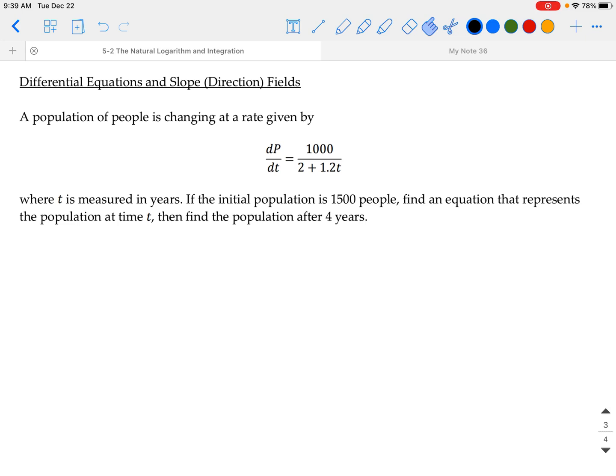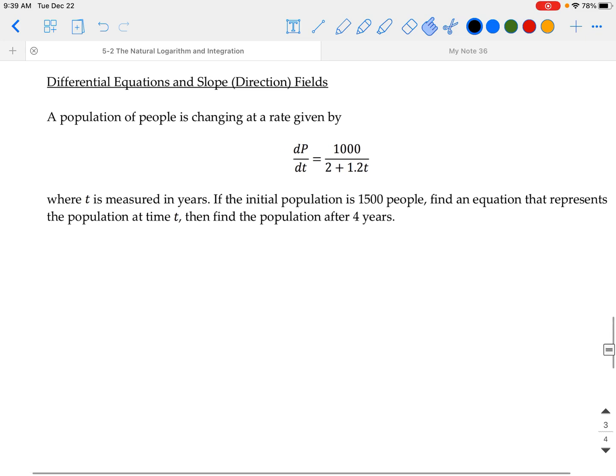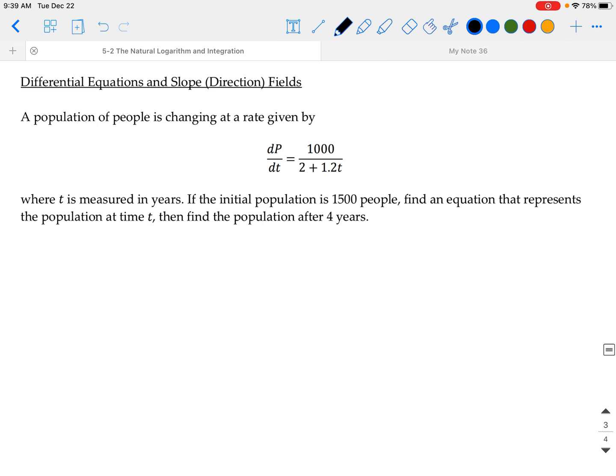So we know the initial population is 1,500, so that's going to be important to us. So we know that P(0) is equal to 1,500, but we don't know what P is yet because we only know P prime. So we're going to need to rewrite this expression so that we can then integrate and determine what P is equal to.